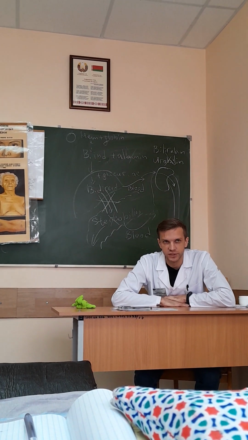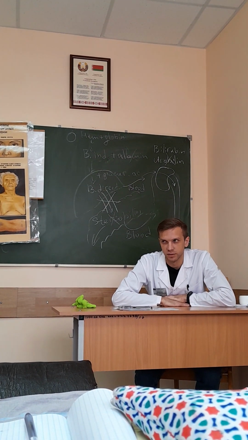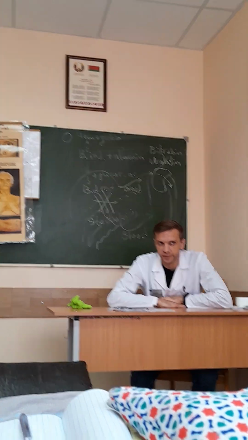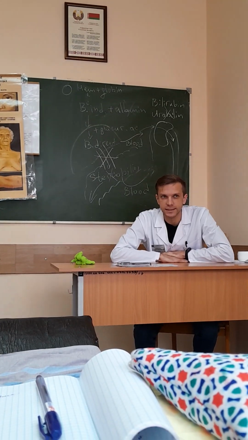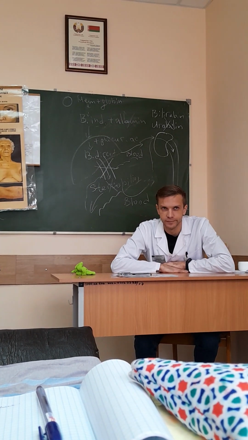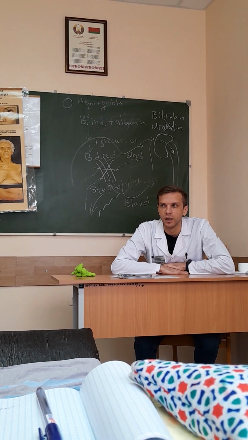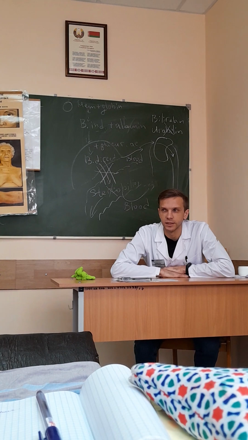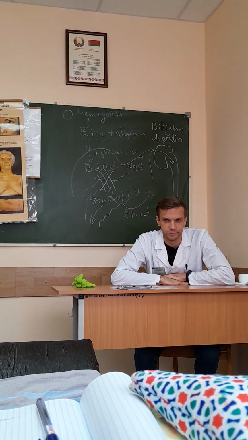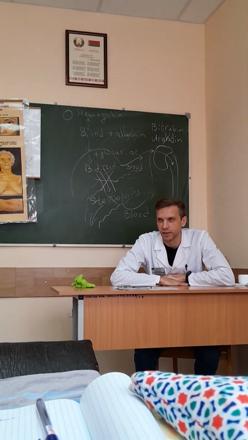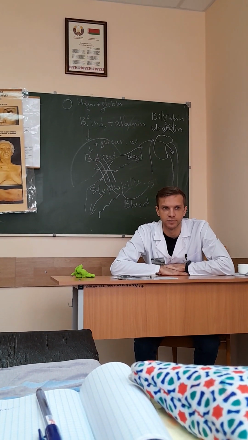In the beginning of disease, the fastest marker is myoglobin. Next marker is troponin. Next CPK-MB. And next, we can see elevation of LDH and ALT-AST. So if these enzymes are increased, the patient has myocardial infarction.